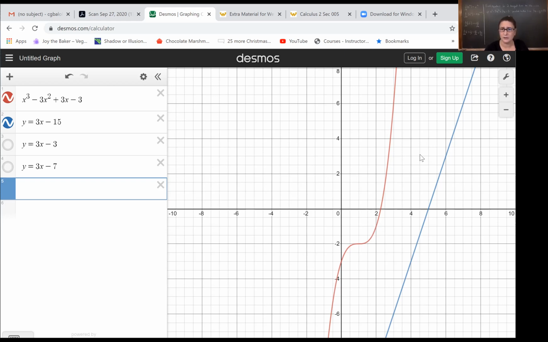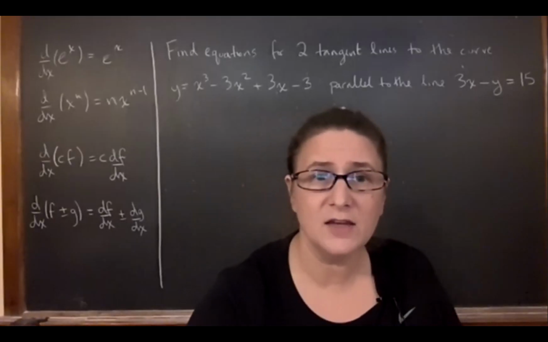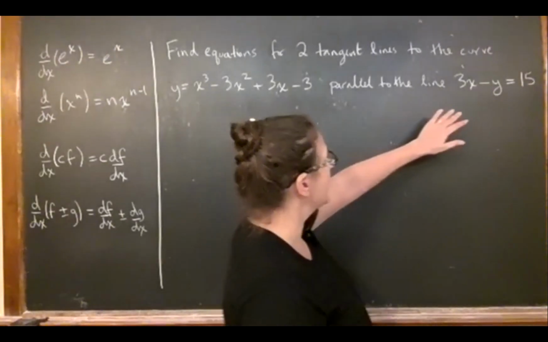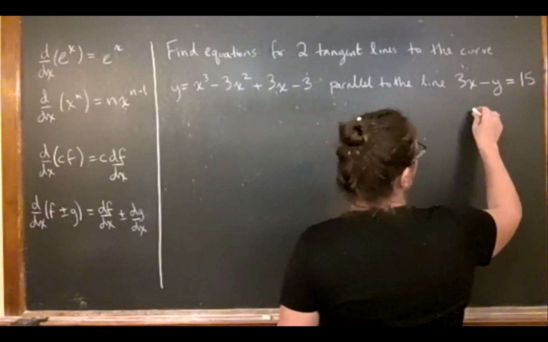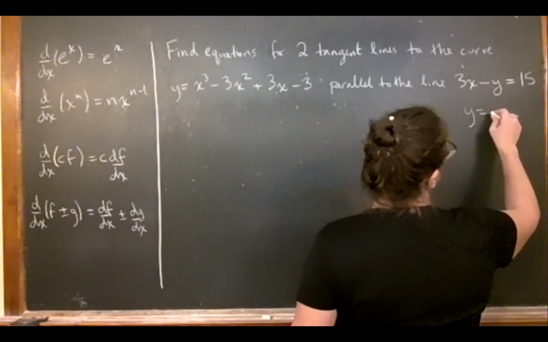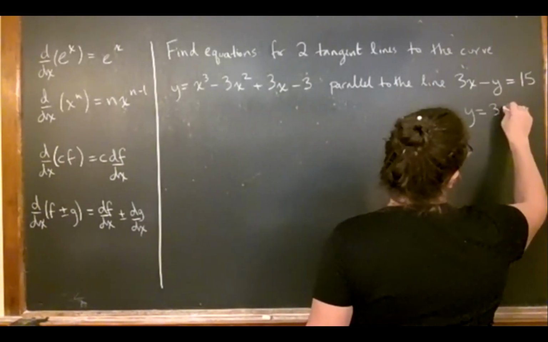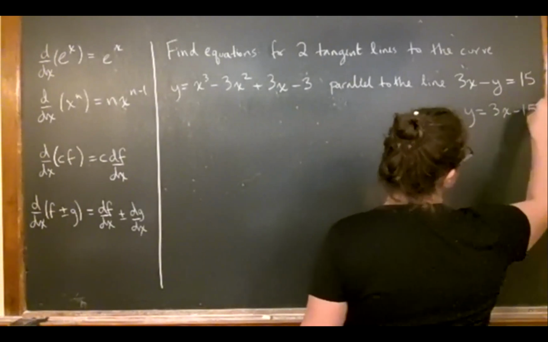Well, we have to figure it out, right? We have to calculate it. So what you do know about parallel lines is that they all have the same slope, right? So they gave me this line, 3x minus y equals 15, or if I rewrite it, y equals 3x minus 15, right?